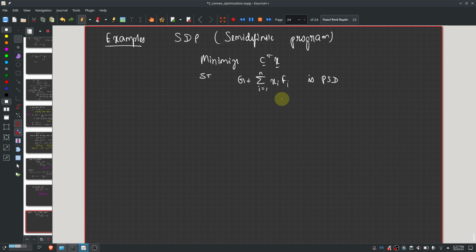Suppose you want to find some kind of a distribution. Let's say you want to maximize the entropy over all possible Gaussian distributions for which the covariance matrix satisfies certain constraints, which can be posed as this positive semi-definiteness constraint.